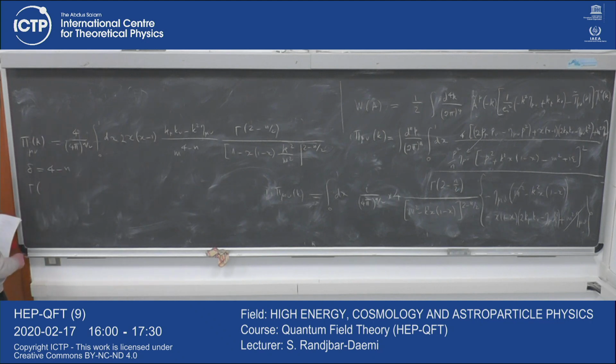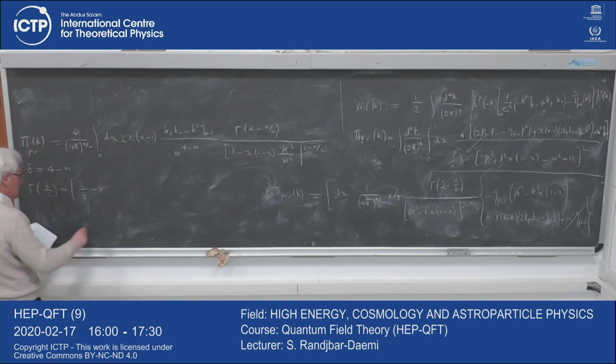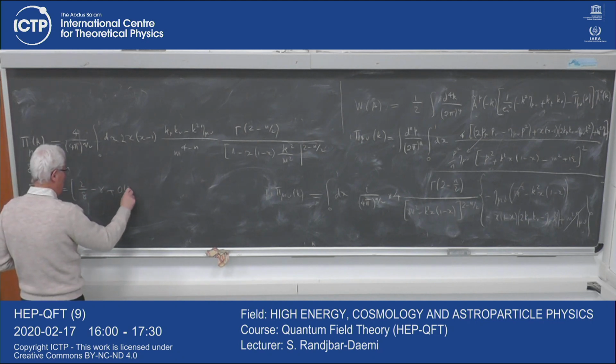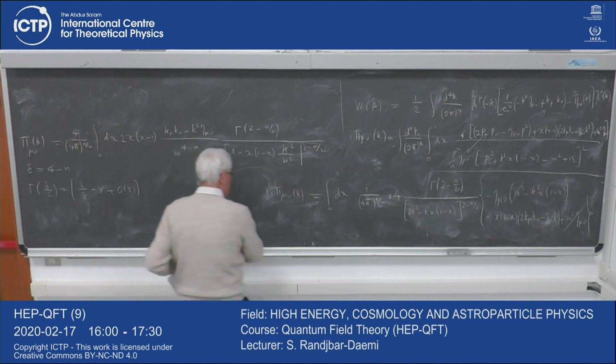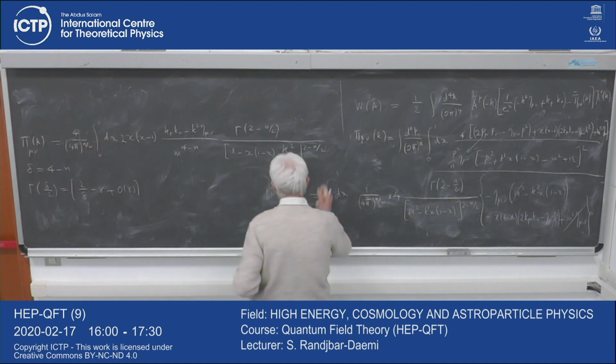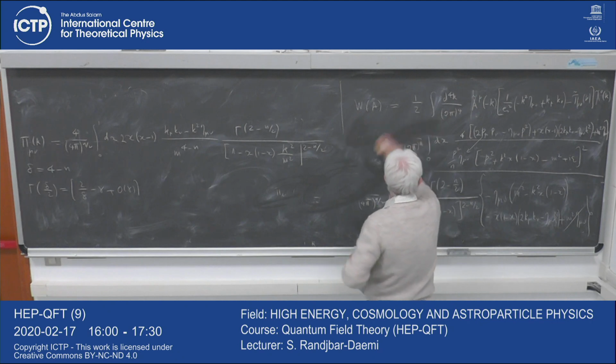With this notation, the gamma becomes gamma of delta over 2, which is 2 over delta minus the Euler number gamma plus terms of order delta. In the notes, you will find a little bit more of the details of this expansion, etc. Let me erase. Now I can erase actually everything.